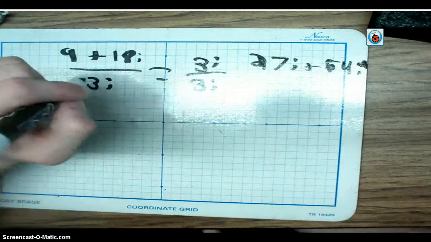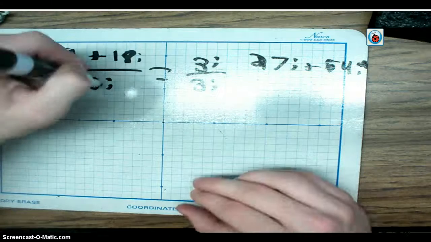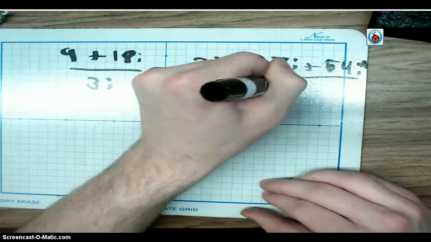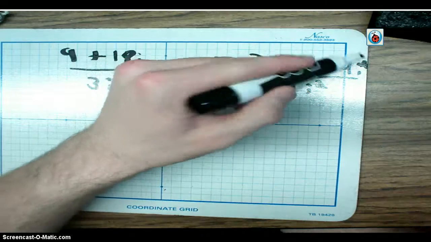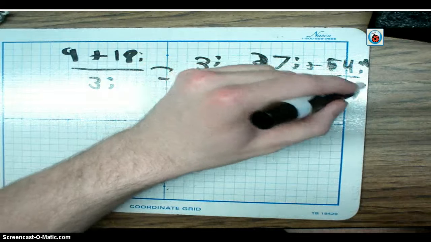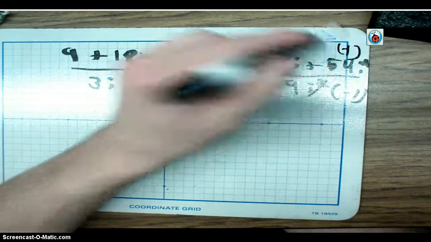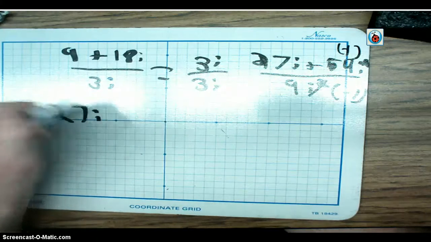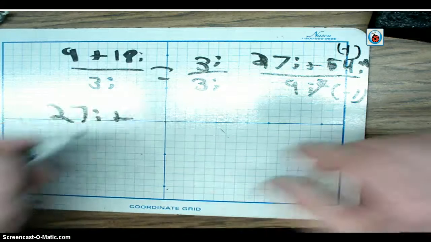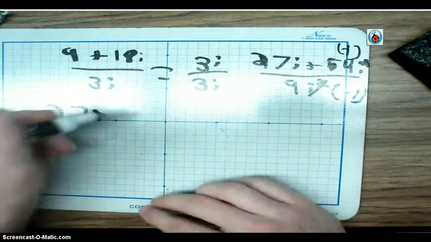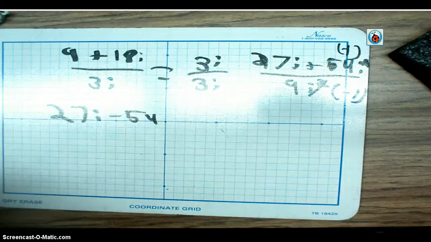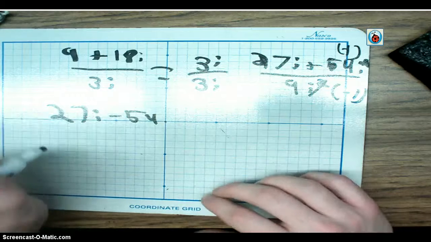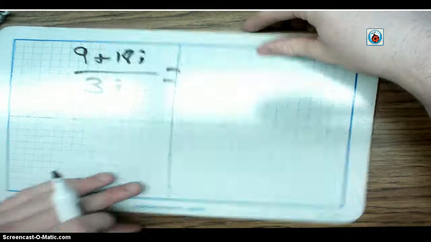Now you would do the bottom, so that would be 9i squared, and since i squared equals negative 1, you would put negative 1, and for 54 you would put negative 1. So the new thing would be 27i minus 54.